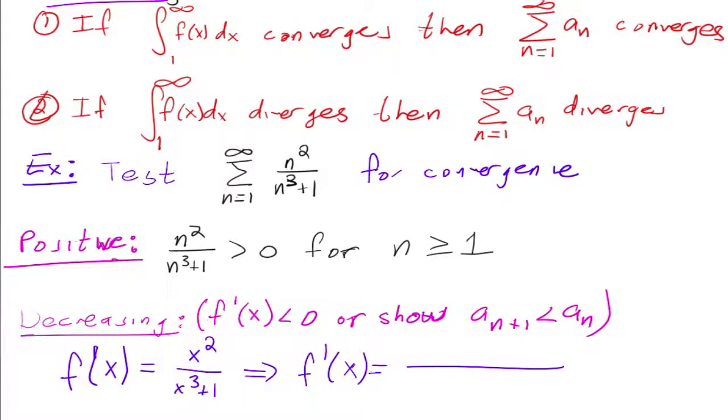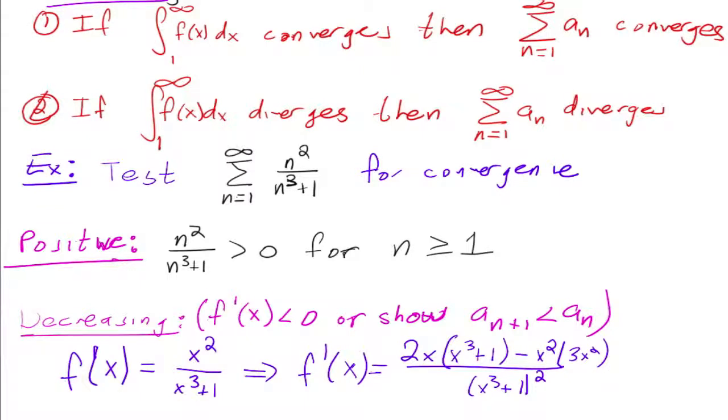What do I get? 2x times x cubed plus 1, minus x squared times 3x squared, over x cubed plus 1 squared.